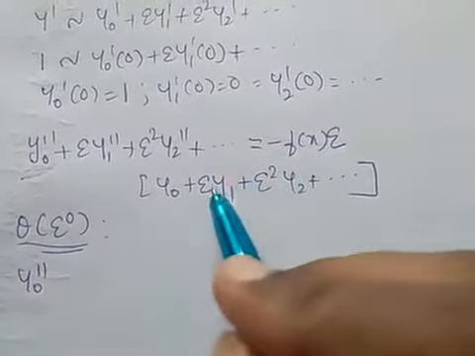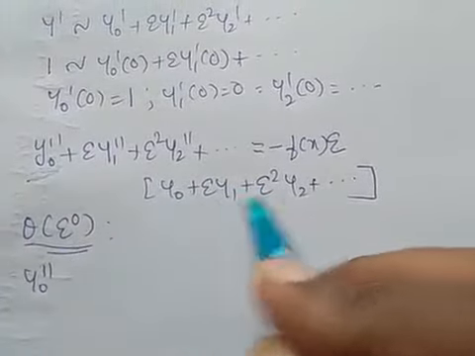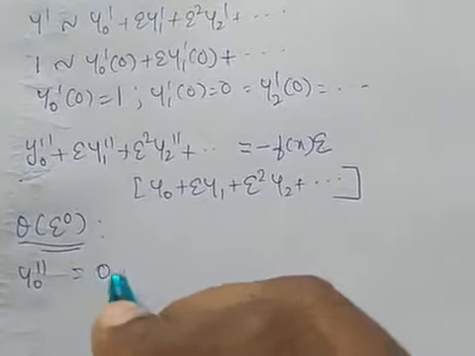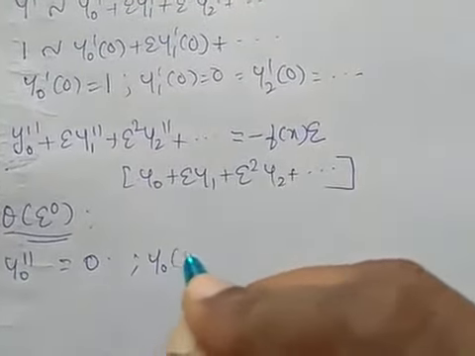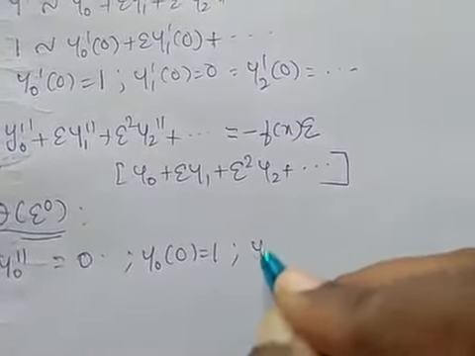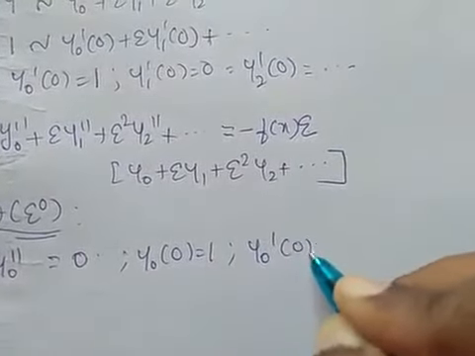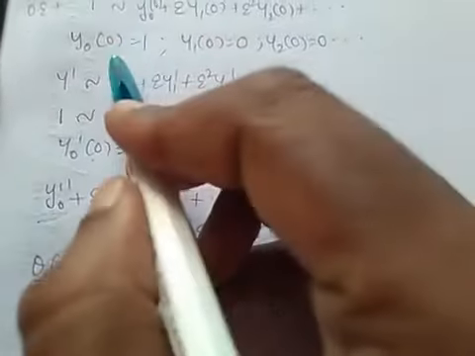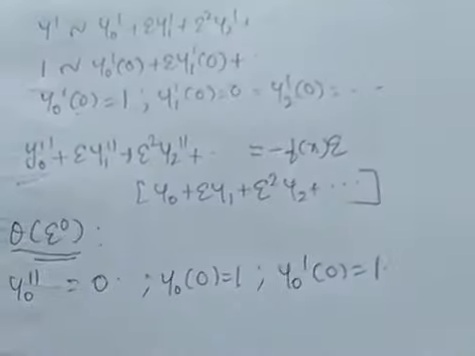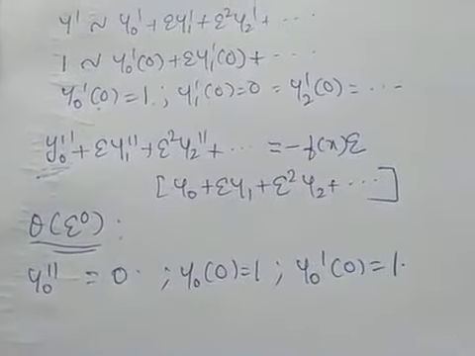In the RHS, everything is coefficient of epsilon, epsilon square, etc., so it is 0. With initial conditions y0 of 0 equal to 1 and y0 dash of 0 equal to 1. So these are the conditions we are having.